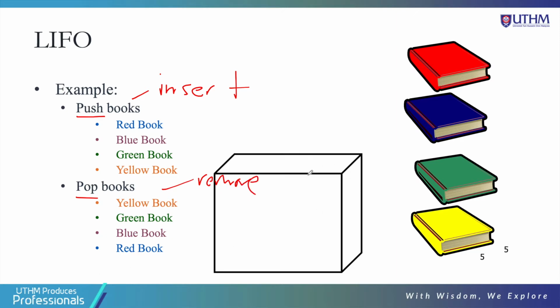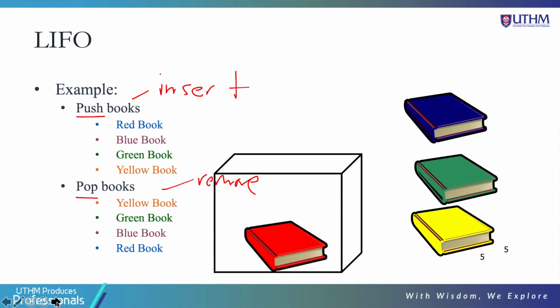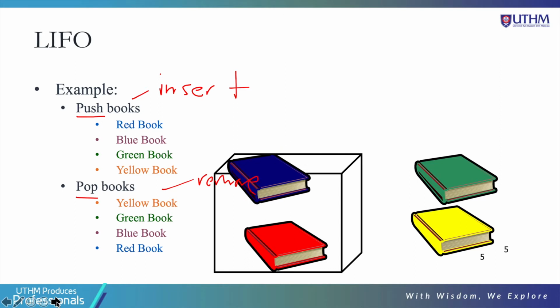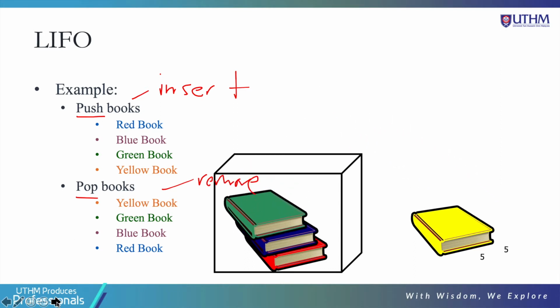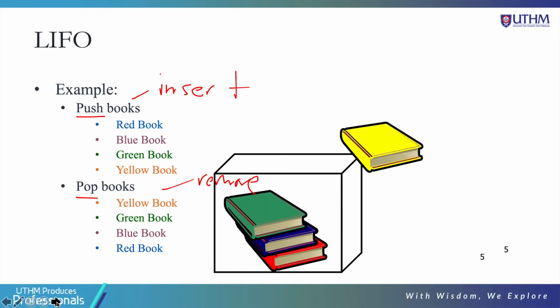Okay, let's say we have a box, and then let's see the demonstration of how to insert all of these 4 books inside this box. So the first book will be inserted, second book, the third book, and the last book.